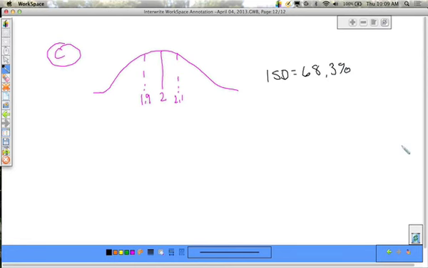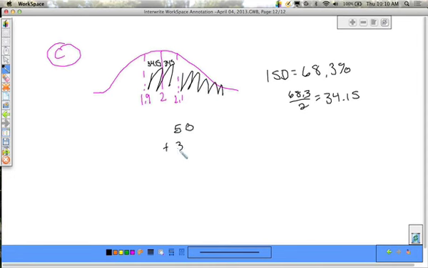So if we divide that by 2, we have our 34.15. So we know 34.15 is here, 34.15. And we want to find how much is more than that. So we want this entire area. Well, we know the top half is 50 plus 34.15, and we get 84.15%.